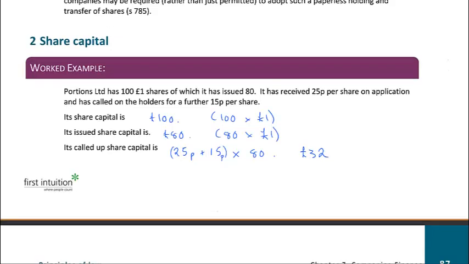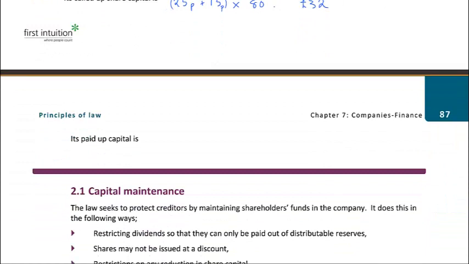If we just go over the page here, what is the company's paid-up share capital? Well, it hasn't actually received that second call yet, has it? So its paid-up share capital is 25 pence per share times 80 shares. And that means that we've got paid-up share capital of £20.